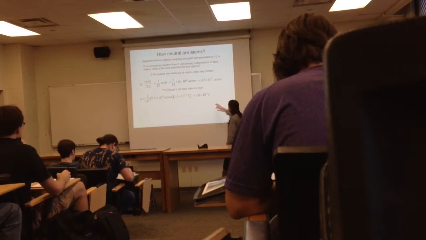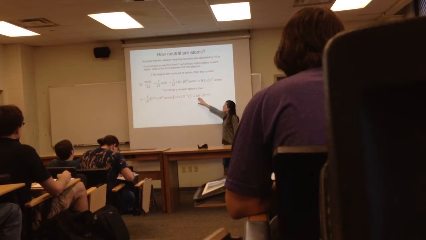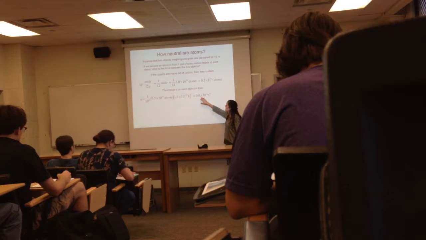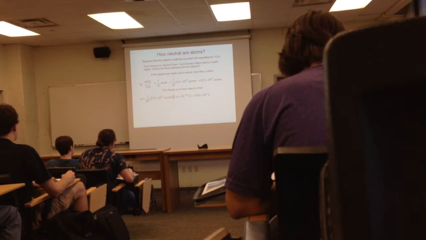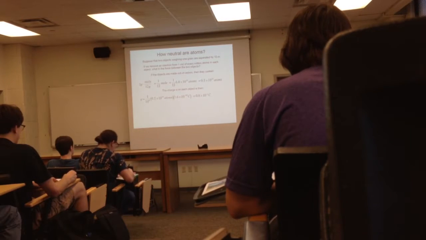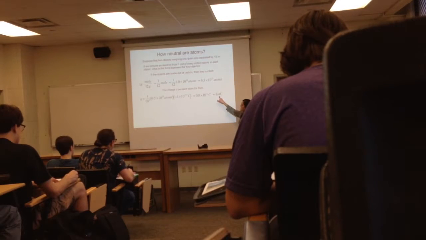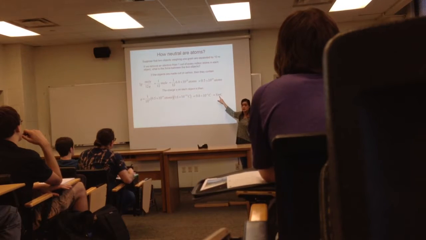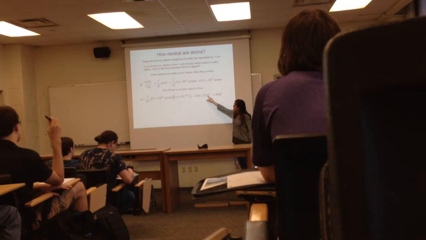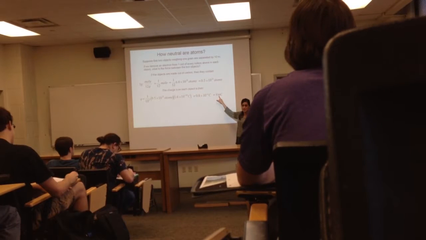The total charge in this electron removed is 0.8 times 10 to the negative 2 coulombs. Everybody knows what this means. It's not microcoulomb, it's milli, right?